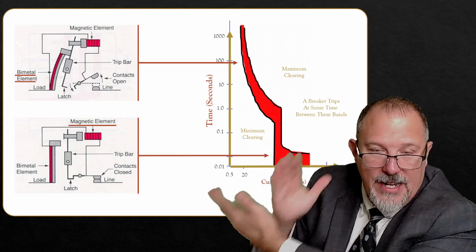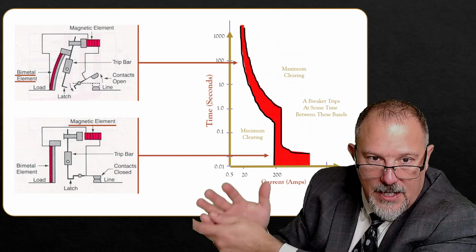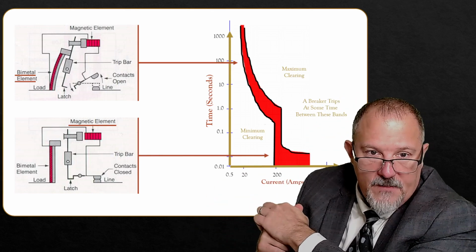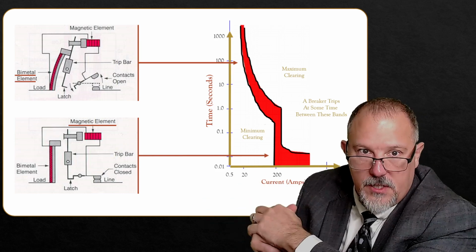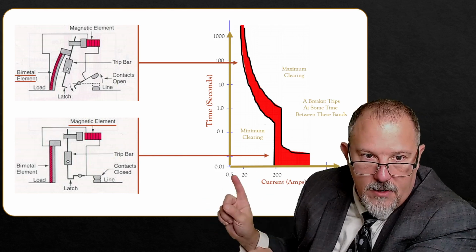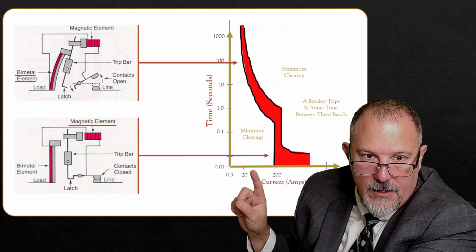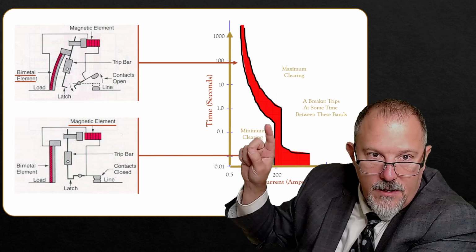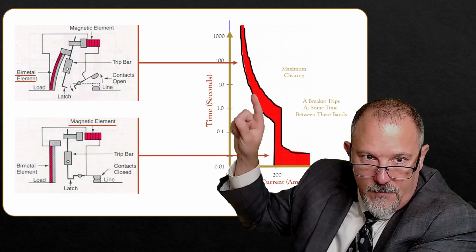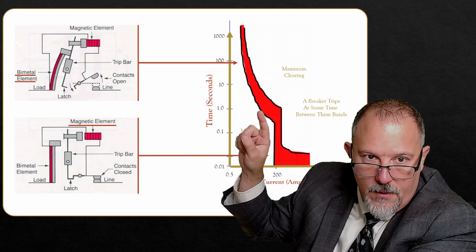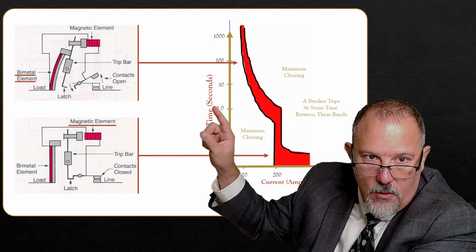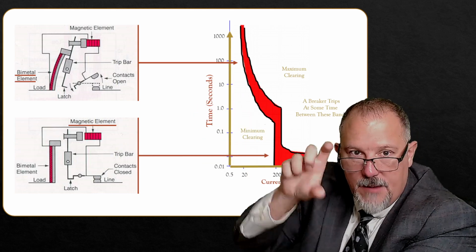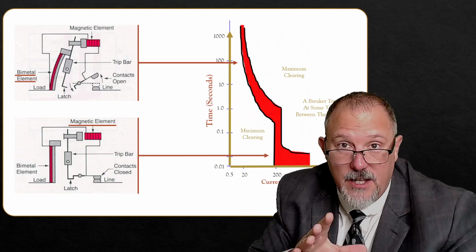That tells me that for any given current, say this is a 20 amp circuit breaker, if I plotted 100 amps, it would probably be about right in here somewhere. 100 amps would take either wherever it crosses the bottom and over, or wherever it crosses the top and over, that much time. And that difference of time is basically what we saw in that video.